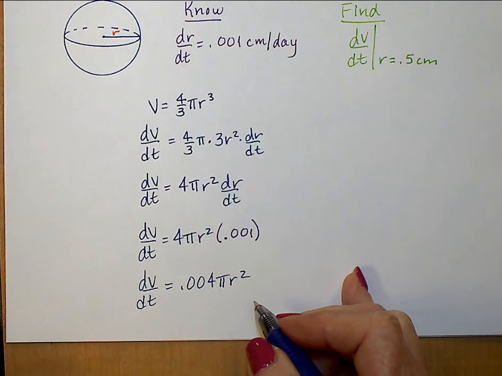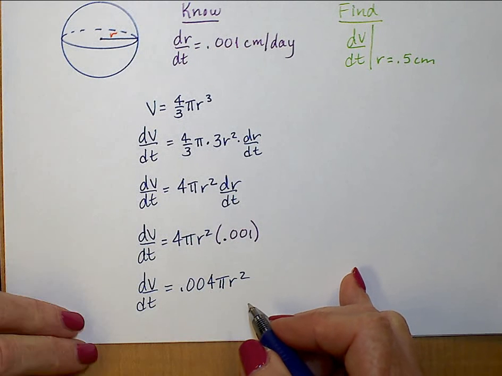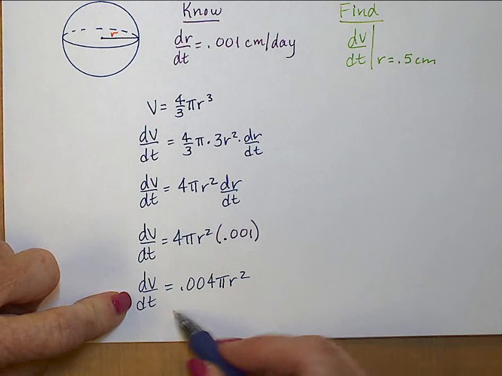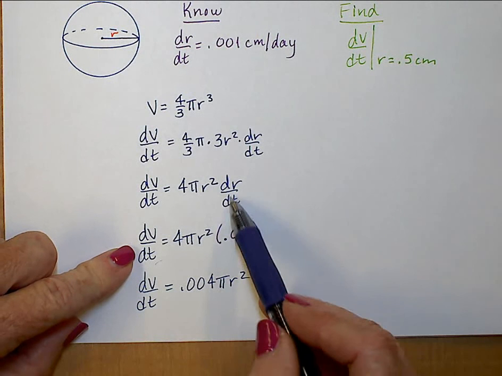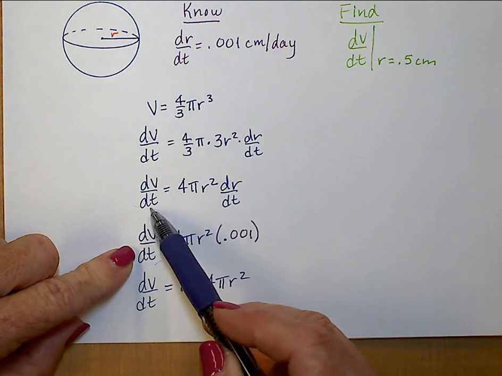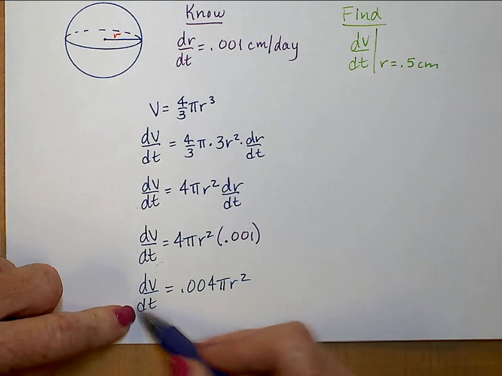Solve for the desired rate, and I'm going through the bullet list at the top. We have that already because we're wanting to find dV/dt. Sometimes they'll give you this rate over here and ask you to solve for this one. But in this case, we're already solved for that rate.